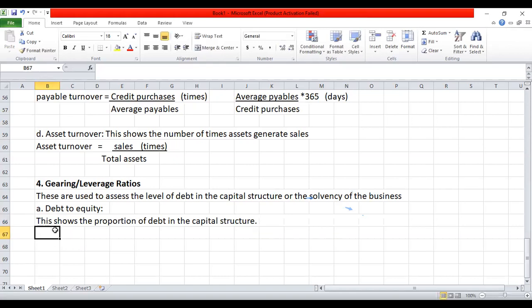So when you're getting the debt to equity, it is equal to debt divided by equity. So that is how you can assess. Then the second one is the debt ratio.